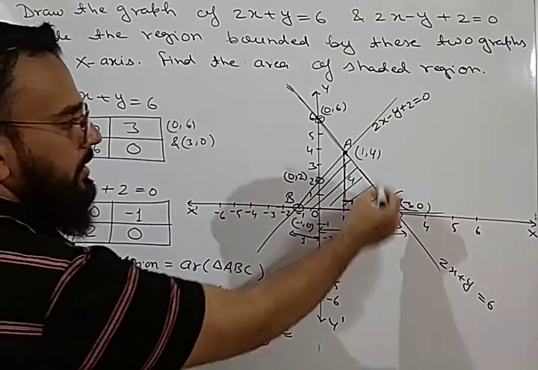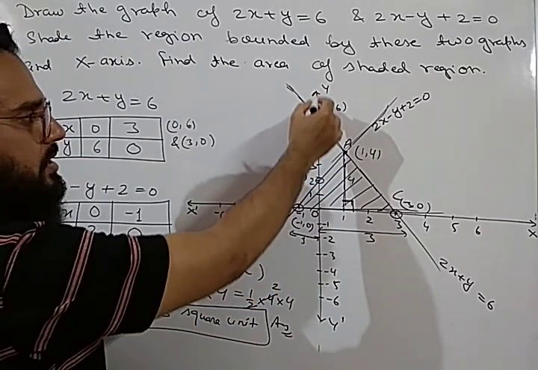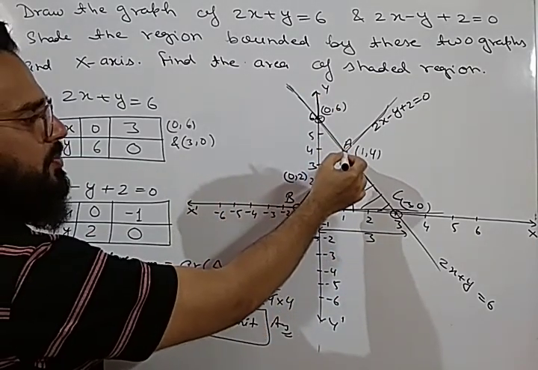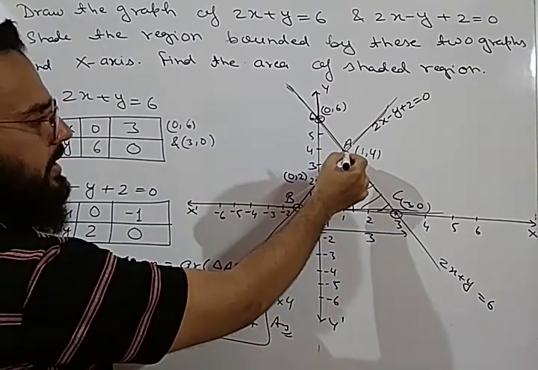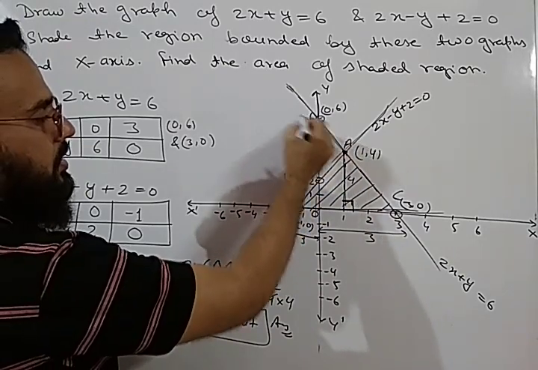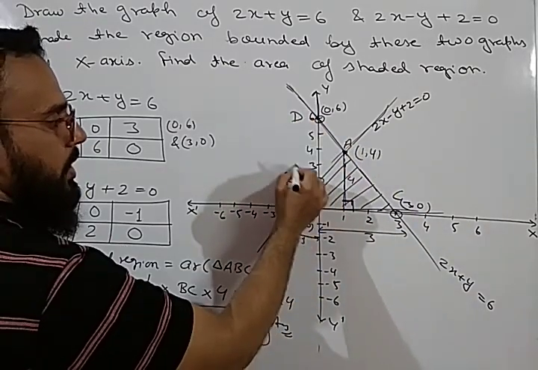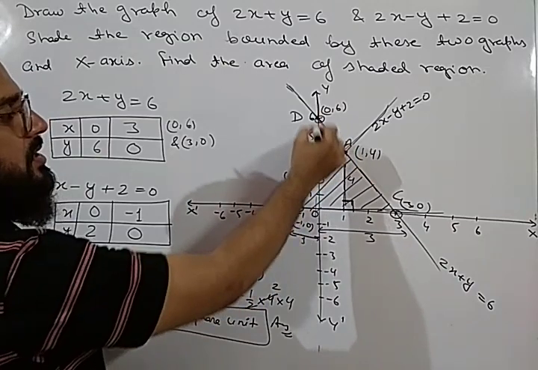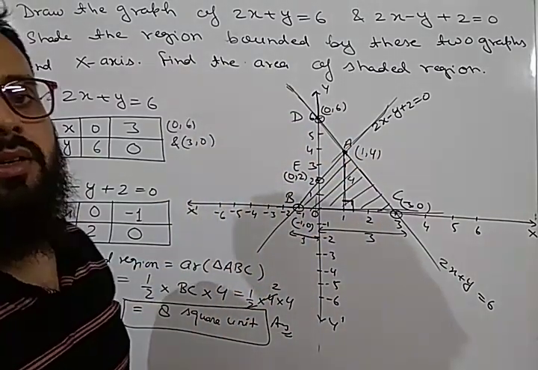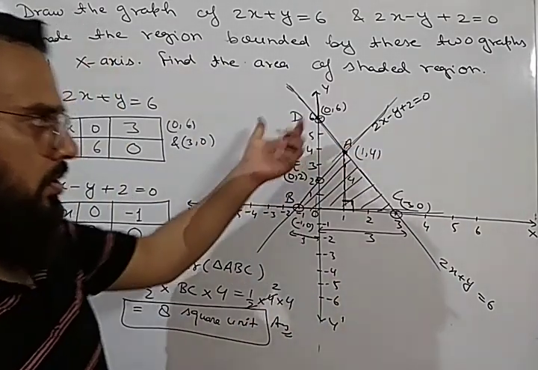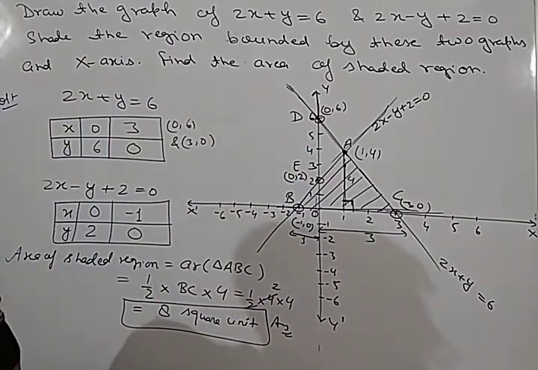This is our first line, this is second line, and this is y-axis. Then we will take this particular region. If we mark it as A, this may be ABC, this is D, and this point as E. Then we will consider triangle ADE. We will solve it in the next question. So this is our first question. Note it down. Very important question.